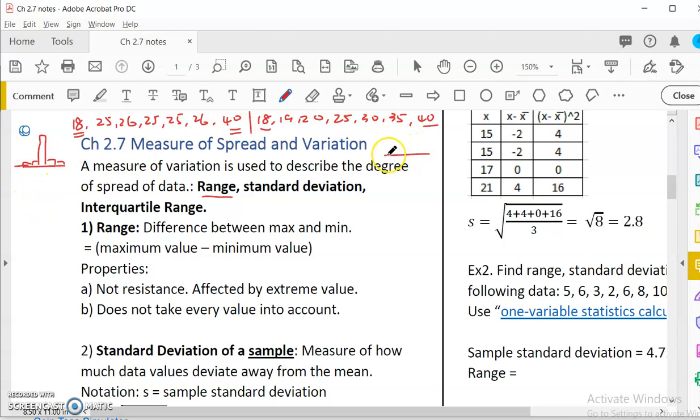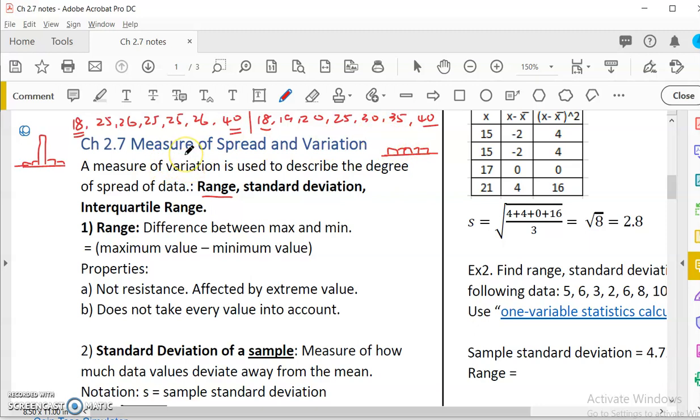You would see that the classes are more or less the same for the other set. So these are more spread out. This is very concentrated in a histogram. Now, the high bar means high frequency. So by just looking at the histogram, we can get a feeling that these are more concentrated, these are more varied, right? Data differ from each other a lot.